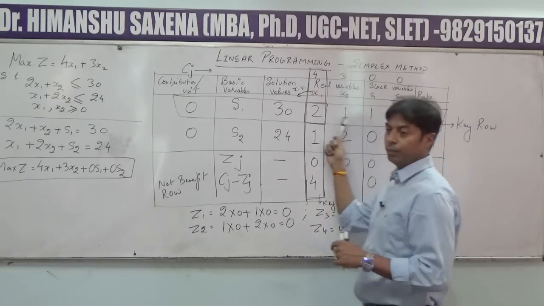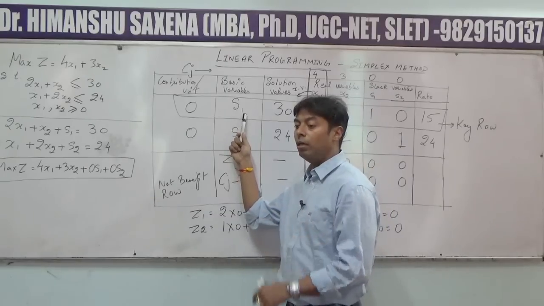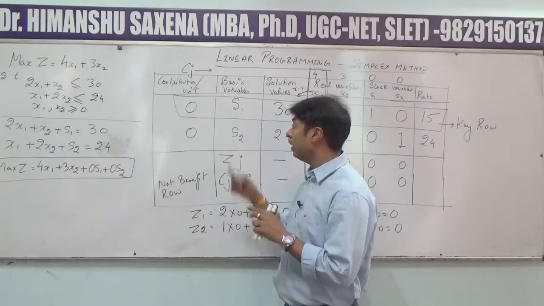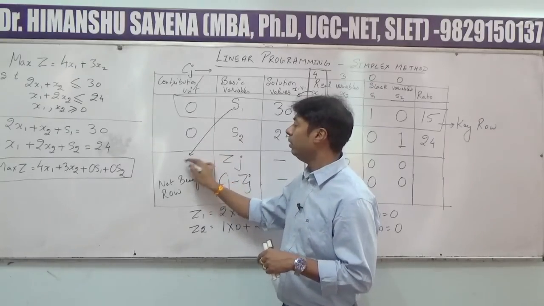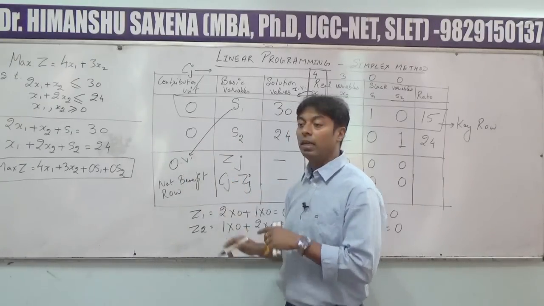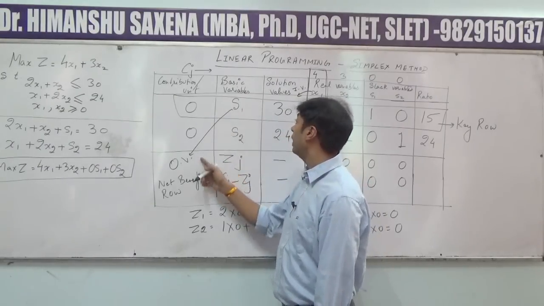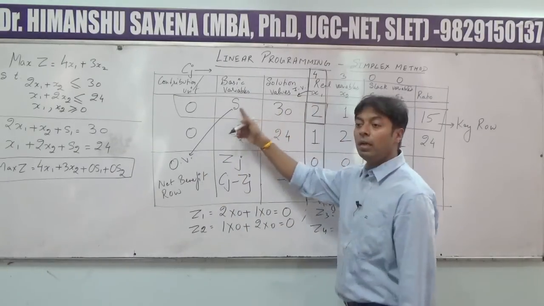Now look at this key row. There is a slack variable S1. It will be the outgoing variable and it will go out. S1 will go out, and in place of S1, X1 will come in.